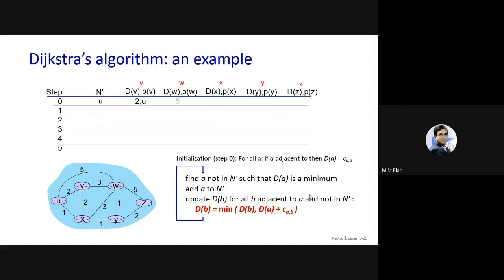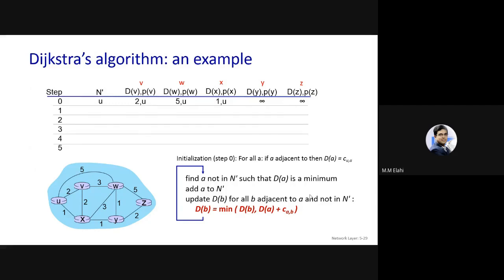Okay, so after this, the first step, we just see which nodes are directly reachable from U. So you just fill up the columns. For example, 2, U. That means what? That means V is directly reachable from U. And in that case, predecessor node is U. Right?